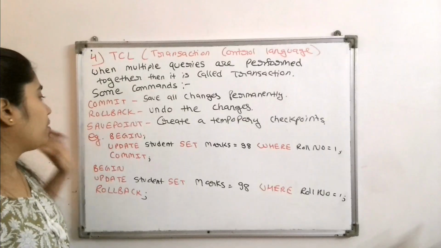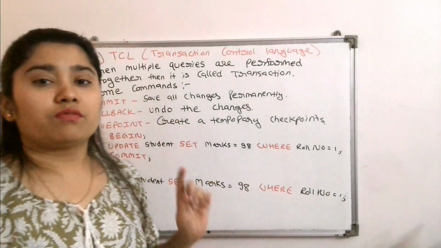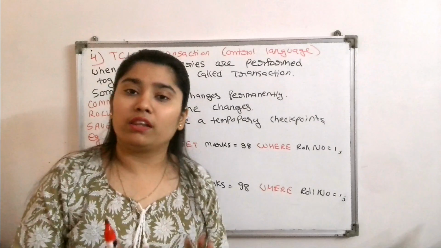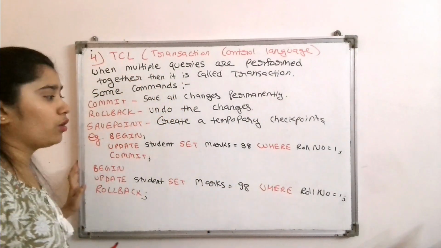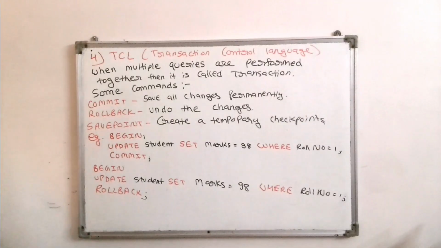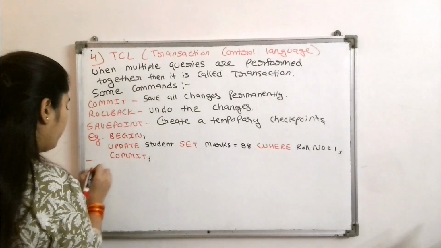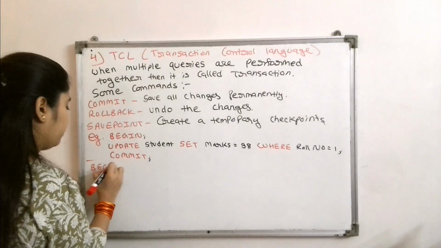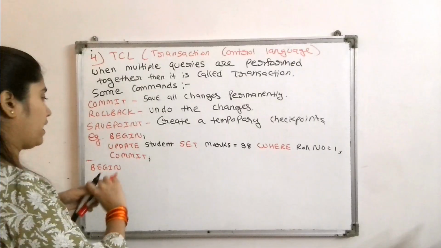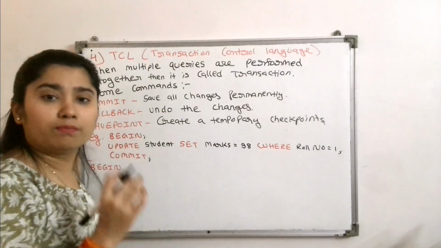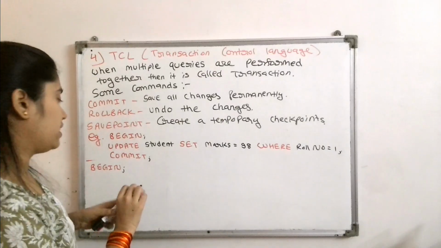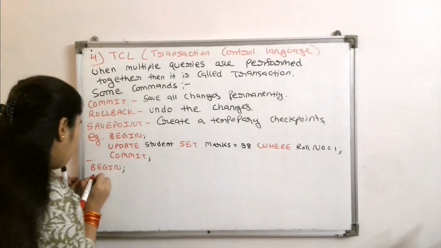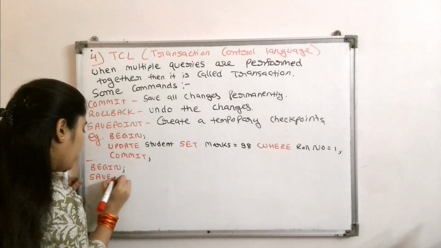Now let me give an example of savepoint also. We will see one example having all three commands: commit, rollback and savepoint. If you want to take a screenshot, take it. Let's write it here. First of all, you write begin. After every line you must use the semicolon symbol. Then after begin, you write savepoint.